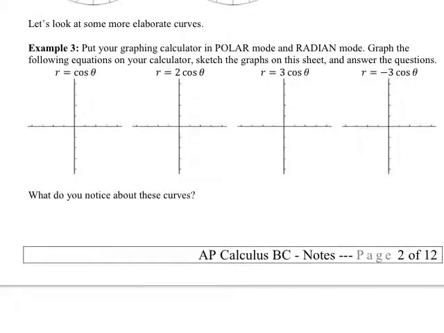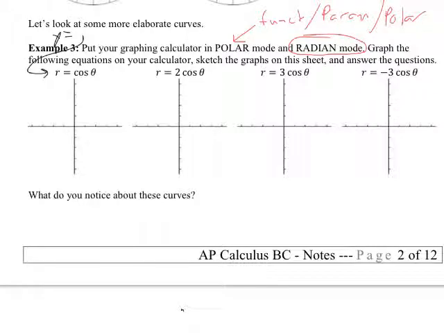So all of our calculus should always be functioning in radian mode, and then this polar mode, that's the same area where we looked at function mode, parametric mode, and now we have polar mode, and we're going to be operating in polar mode.